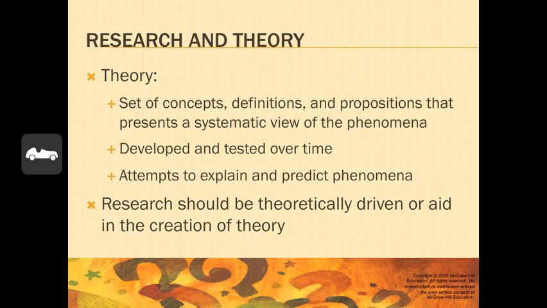A theory provides a way of thinking about and seeing the world. And it is developed over time. It's tested and tested again. Other people start using the theory, make additions or changes as needed, point out exceptions, apply the theory to new contexts. And it attempts to explain or predict phenomenon.